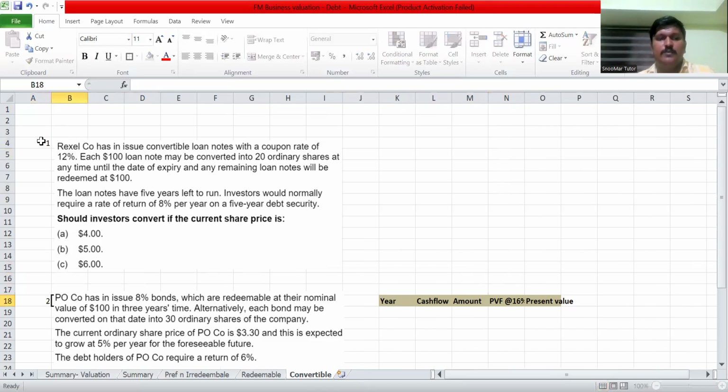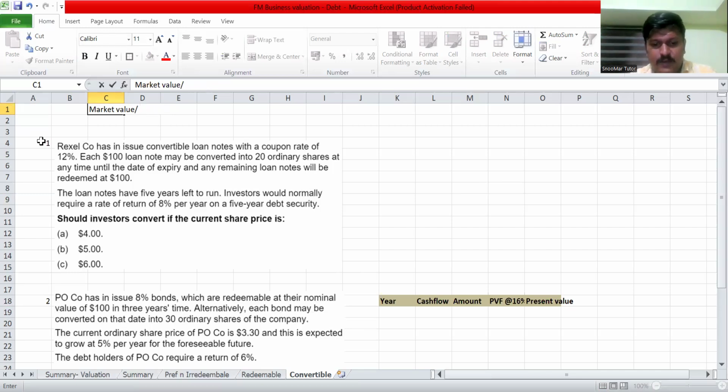So before that, we need to consider some concepts. What is the market value? The other name for the market value is formula value.